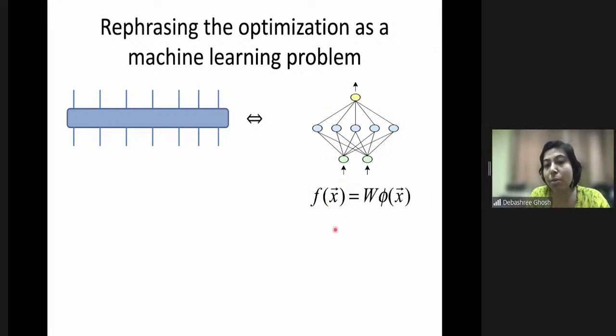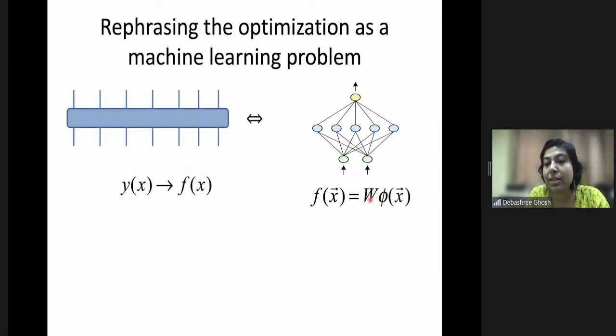I have a y of x, which is my actual function, but because this y of x is very complicated, I want to represent it as f of x, which is easier on my computational resources. And in this specific case, I'm writing this f of x, or the approximate function, as a neural network.